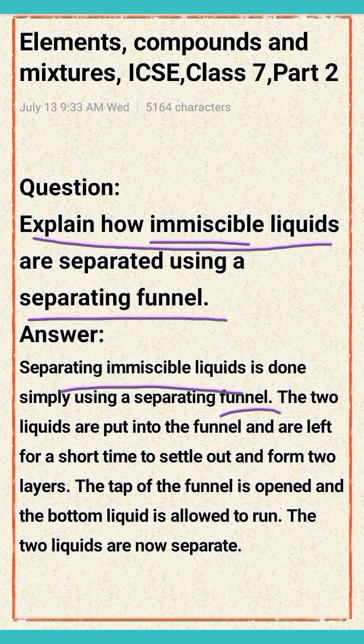The two liquids are put into the funnel and are left for a short time to settle out and form two layers. The tap of the funnel is opened and the bottom liquid is allowed to run out. The two liquids are now separated.